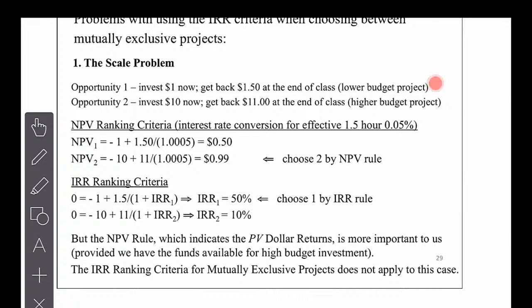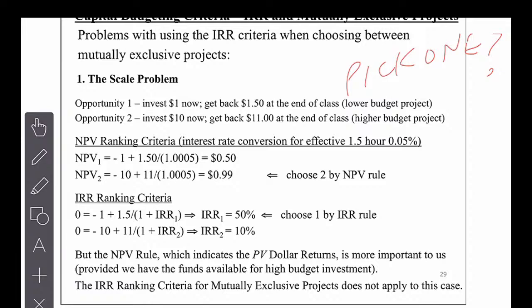This is a low budget project compared to the second alternative. You can give me $10 now, and then I'll give you $11 back at the end of the class. Which of these two would you pick? Opportunity 1 or opportunity 2?